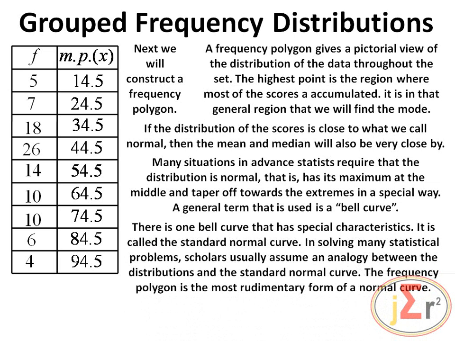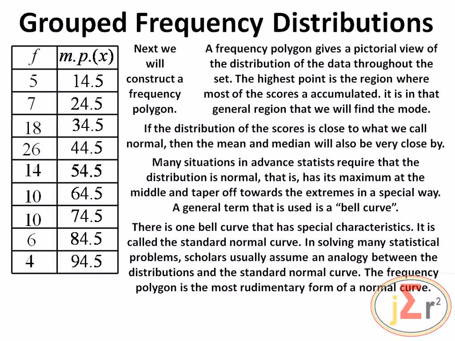In solving many statistical problems, scholars usually assume an analogy between the distributions and the standard normal curve. The frequency polygon is the most rudimentary form of the normal curve. So, the frequency polygon that we are about to construct is the most basic form of what is known as a normal curve.